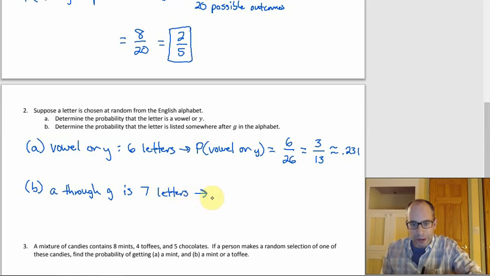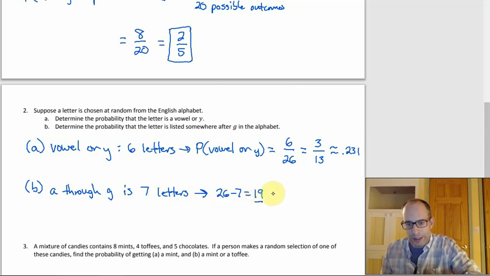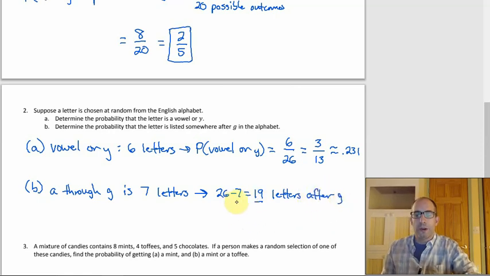And so that means that there would be 26 minus 7, which is 19 letters after G, right? So all I did was I counted the opposite idea, right? Instead of after G, I counted up to and including G, just because that number was going to be smaller, right? That seemed like it would be simpler.